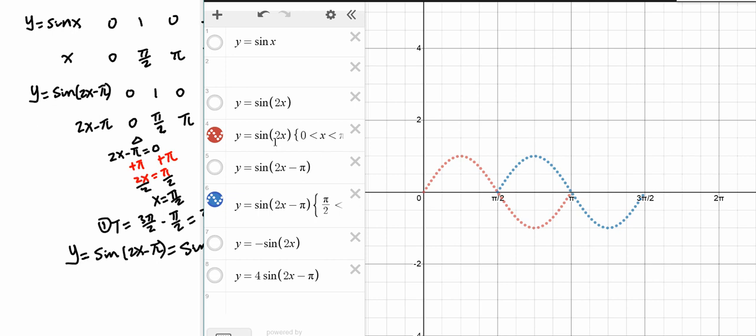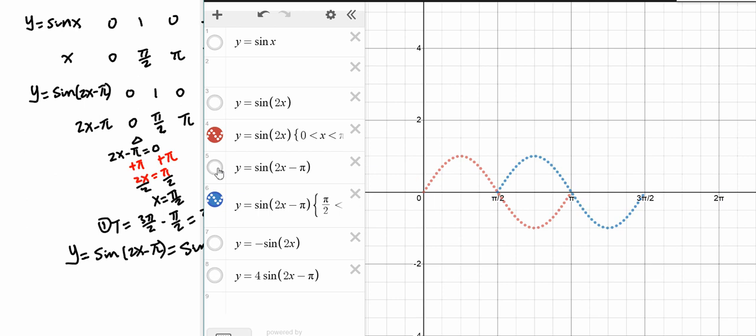So first you compress the picture from 2 pi to pi. And then you do the shifting. This point goes here, and this point goes here, and this point goes here. Okay, so then eventually you will have the picture for the one right here.